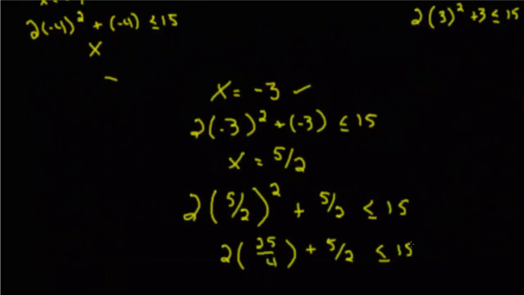Those twos will cancel out, so you get 25 halves plus 5 halves is 30 halves. 30 halves is 15, and 15 is equal to 15. So 5 halves is also included.